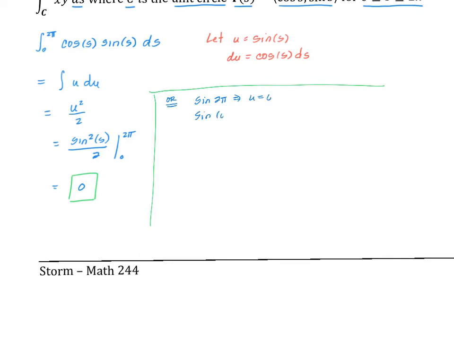The lower limit would be sine of 0, which is a u value of 0. So I would be simply looking at the integral from 0 to 0 of u du, and whenever your upper and lower limits are the same, that's simply 0. So yes, you can change your limits of integration, or you could leave them off, substitute back, and use your original limits of integration. In both cases, we get 0.